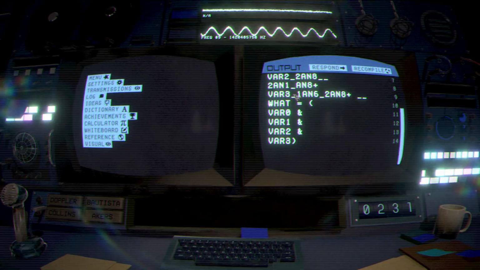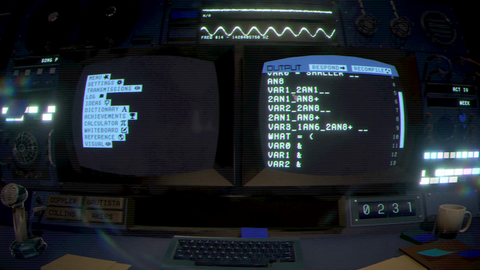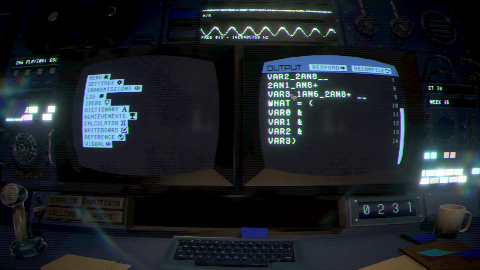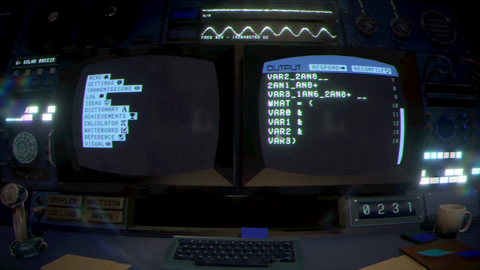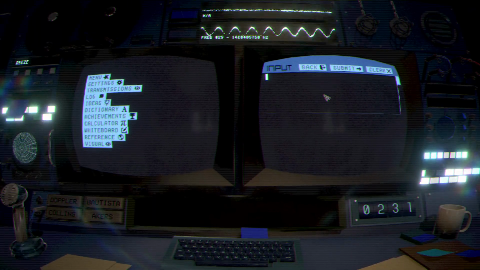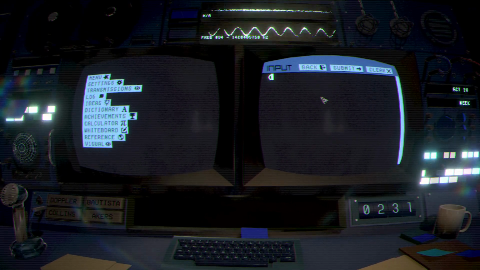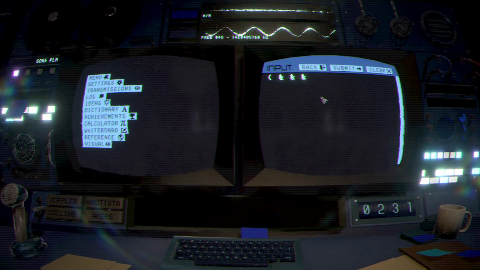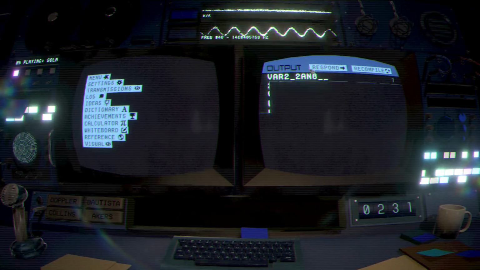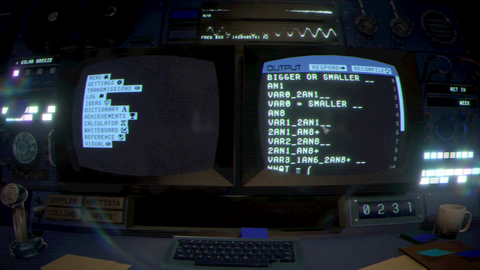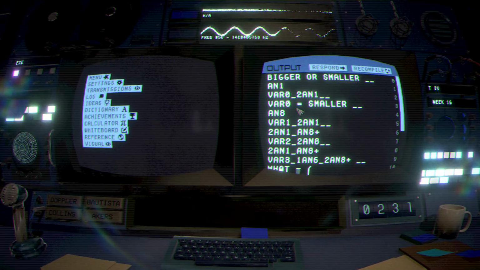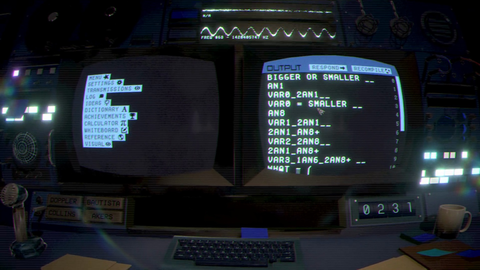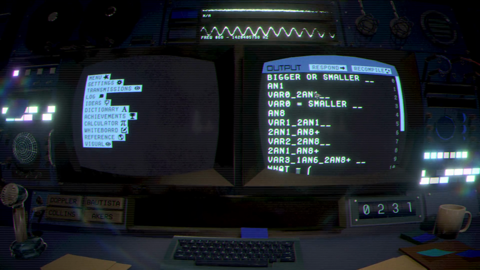Okay. Zero, 1, 2, 3. So first off, they want 0 and 1. The variable 0 is smaller than 2 atomic number 1s? Is that what they're saying?